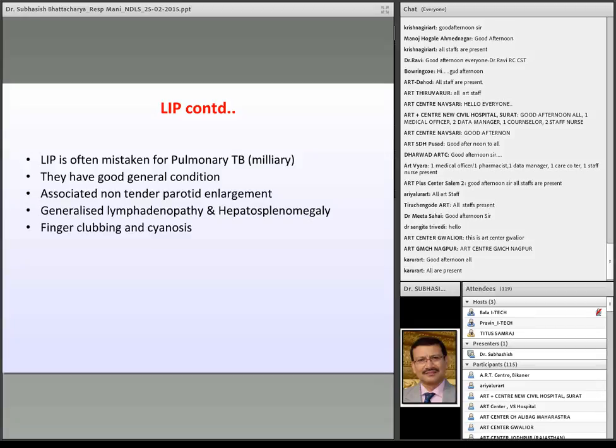Children have a good general condition, in HIV positive children, associated with tender parotid enlargement, generalized lymphadenopathy and hepatosplenomegaly, and as I already mentioned, clubbing and cyanosis are mostly associated with this condition. This is the clinical picture.